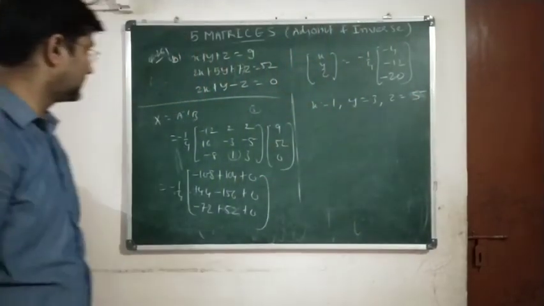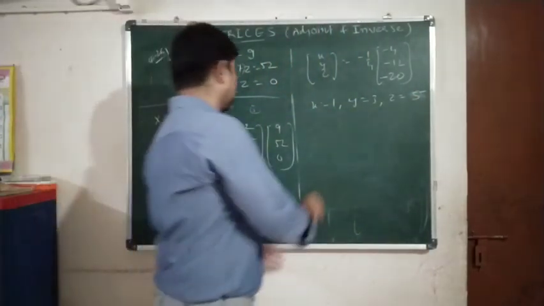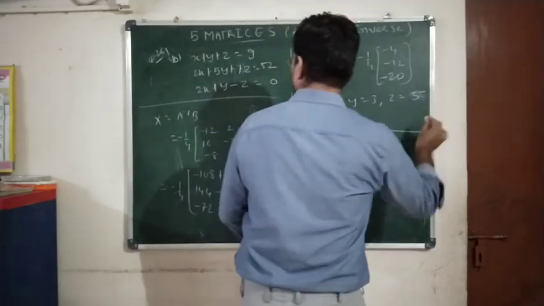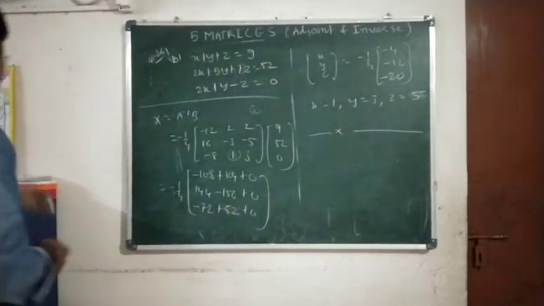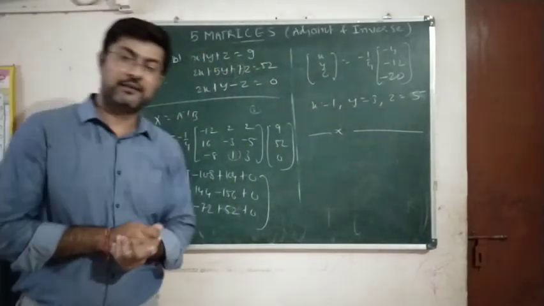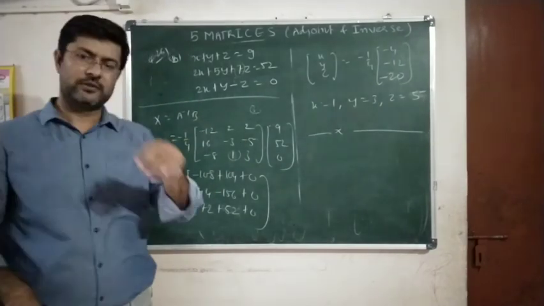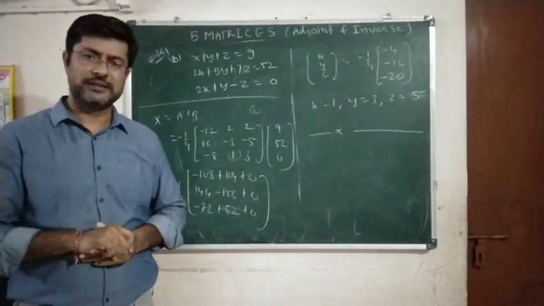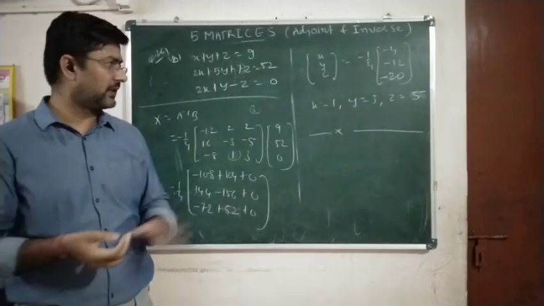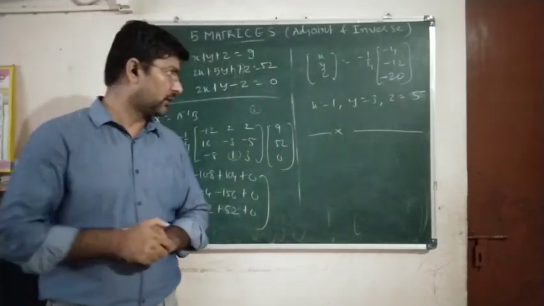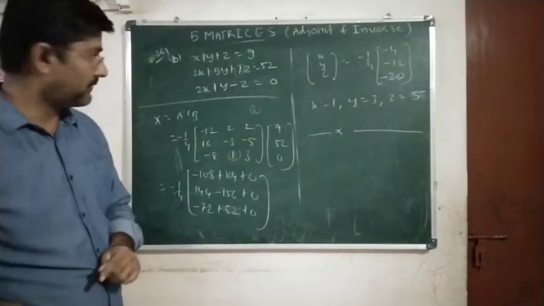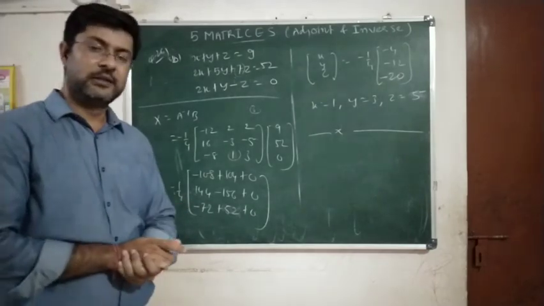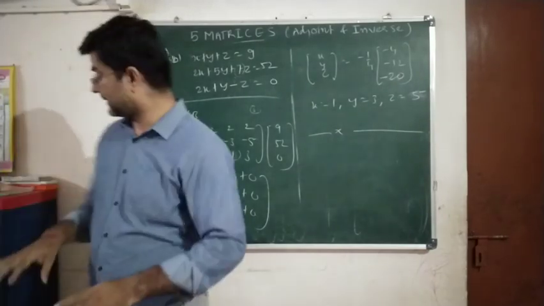Clear? So this is done. So with this, the exercise is over. Clear? Only take care while finding the cofactors, because those are the only places where you might make a mistake, as I have done. So you have to take utmost care while finding the cofactors. Clear? So this exercise is over.